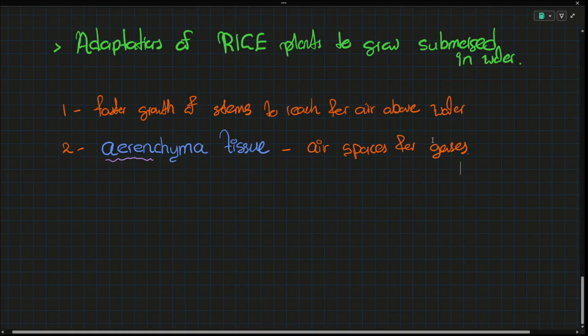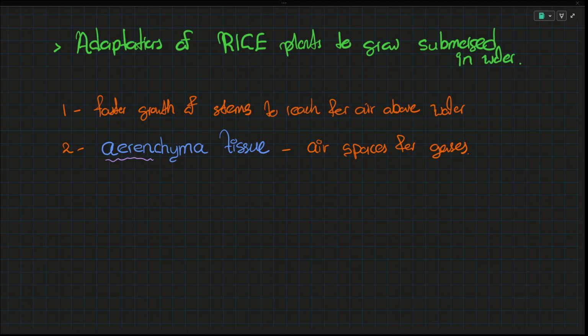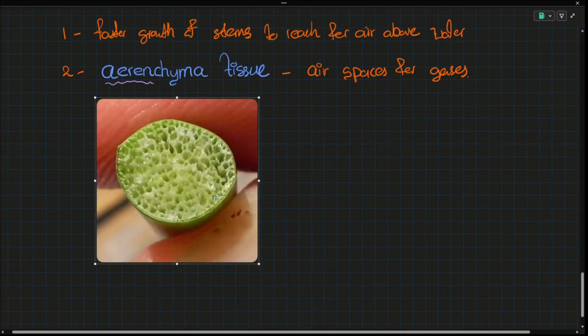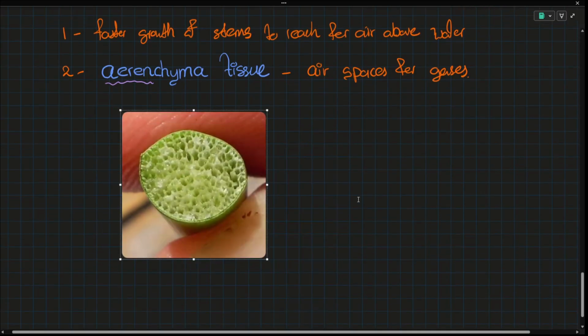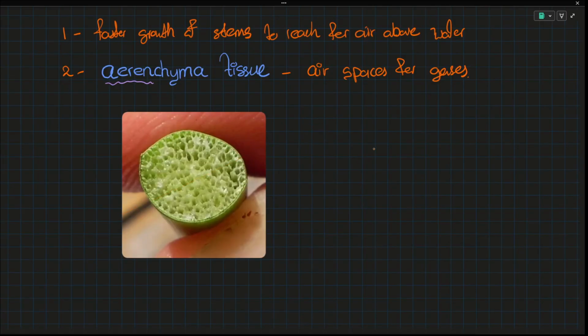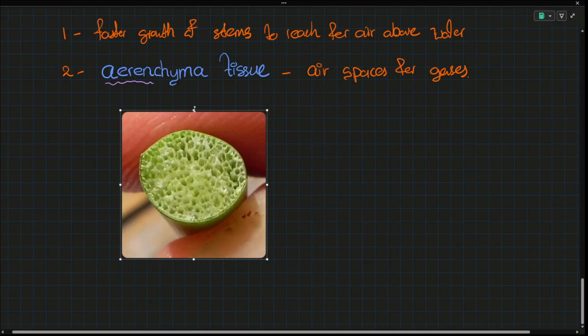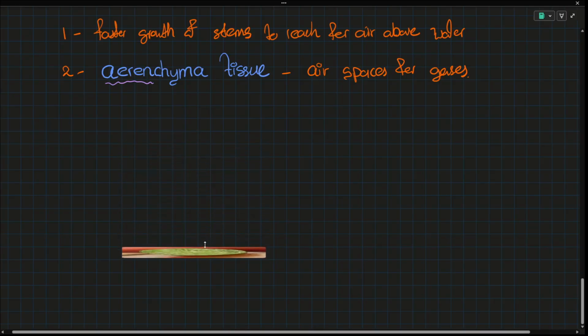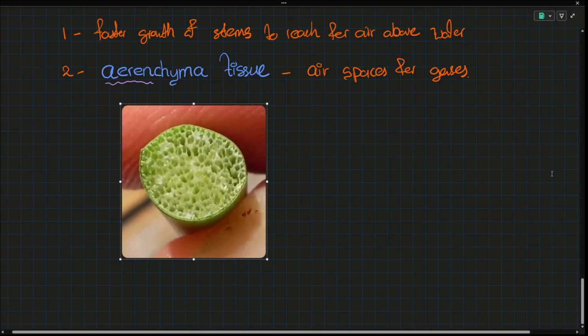Now I can explain with 1,000 words how it happens and what the tissue does. But as we all know, a picture speaks 1,000 words. And there you go, that's aerenchyma tissue. Now this is a rice plant cut like this, and we're looking at it from the top.